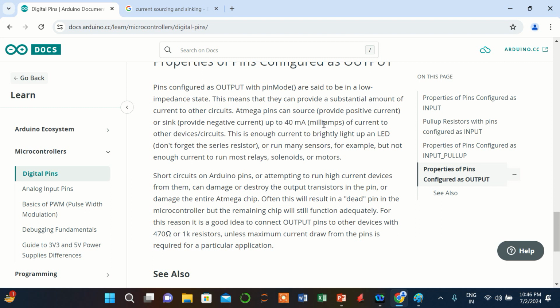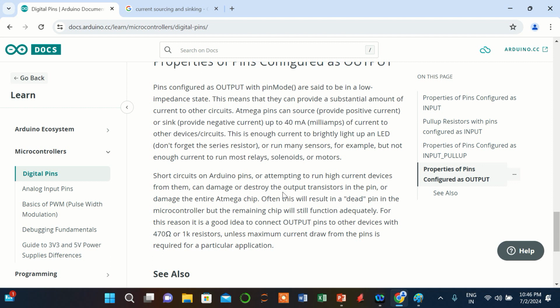Let us assume somewhere around 16 milliamperes is standard practice for sinking, 10 milliamperes, 40 milliamperes.